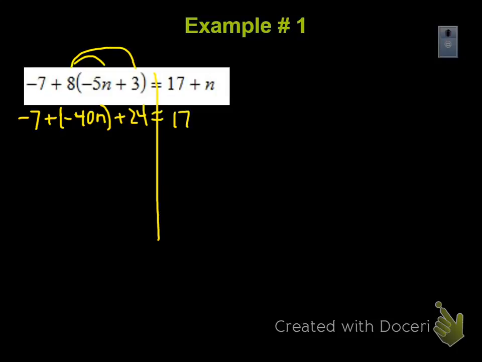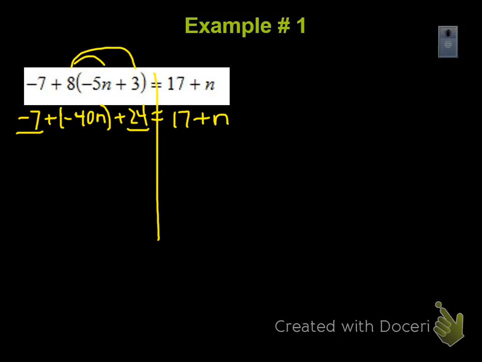Equals 17 plus n. Okay, so now that the parentheses are gone, and on a side note, these parentheses are just to show that that is a negative. You could write -40n if you want to do that without the parentheses. But as I continue here, now I want to combine like terms. On the left-hand side of my equation, I can put negative 7 and 24 together.